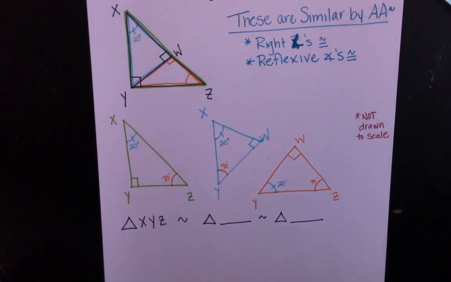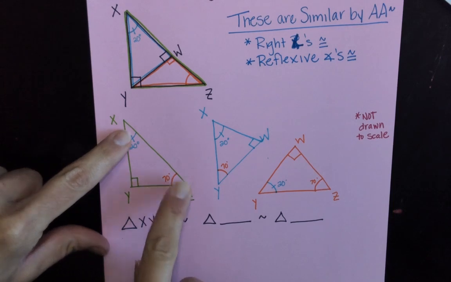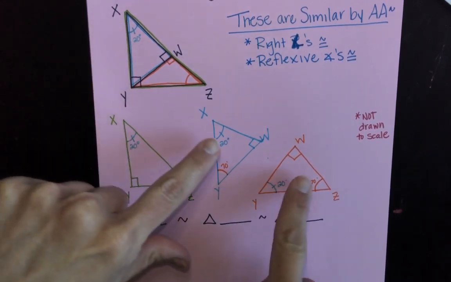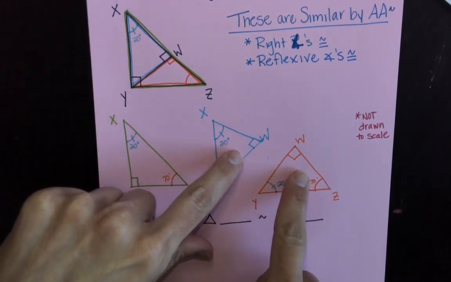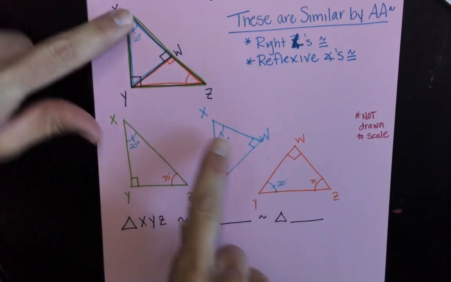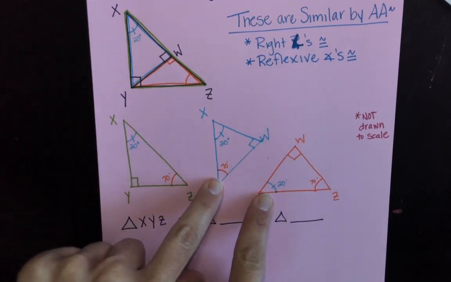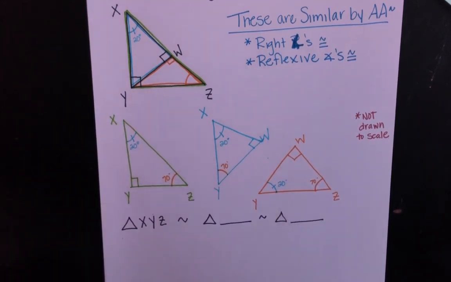So the point is that whatever our original right triangle has as angles, these other two share those exact same angles. And our reflexive will always be in the same position, and the other acute angle will always appear. I'm going to say that again very carefully.